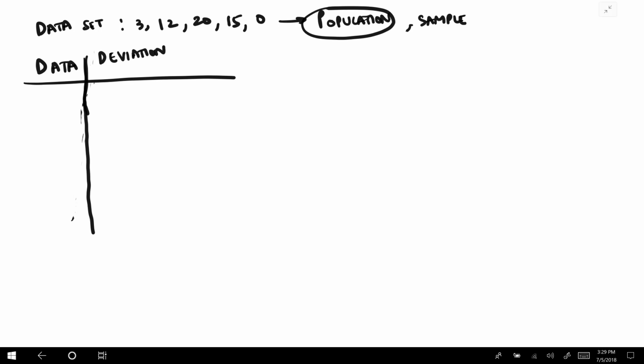So the deviation is represented by xi minus mu, where mu is population mean, and then we have deviation squared. That means xi minus mu whole square.